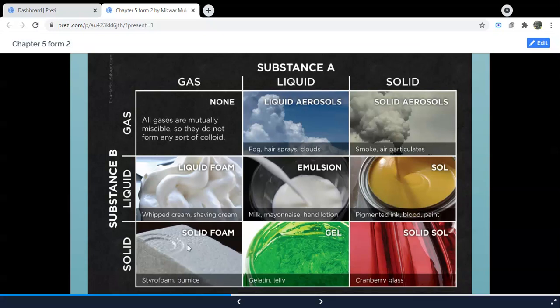Solid and gas, dia akan hasilkan styrofoam, liquid and solid, gelatin, jelly, solid and solid adalah cranberry glass, maknanya sangat keras lah.